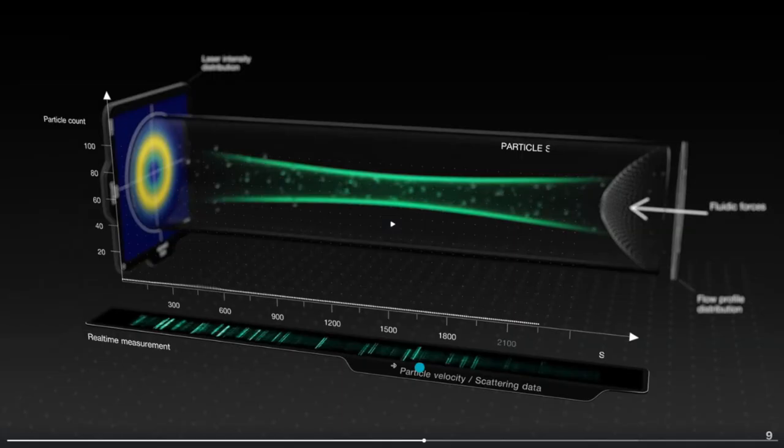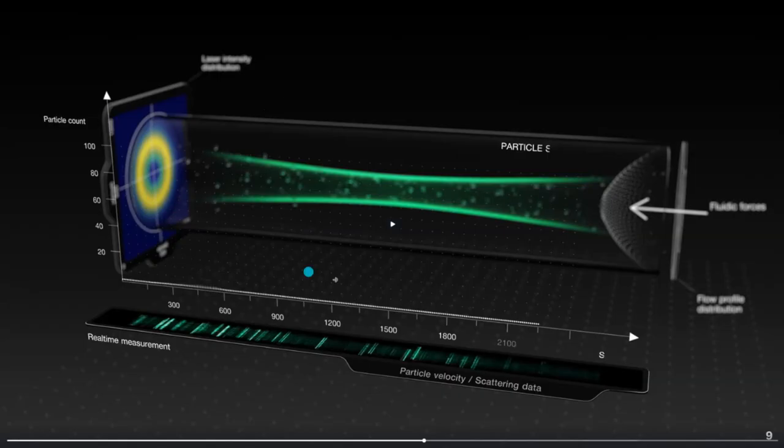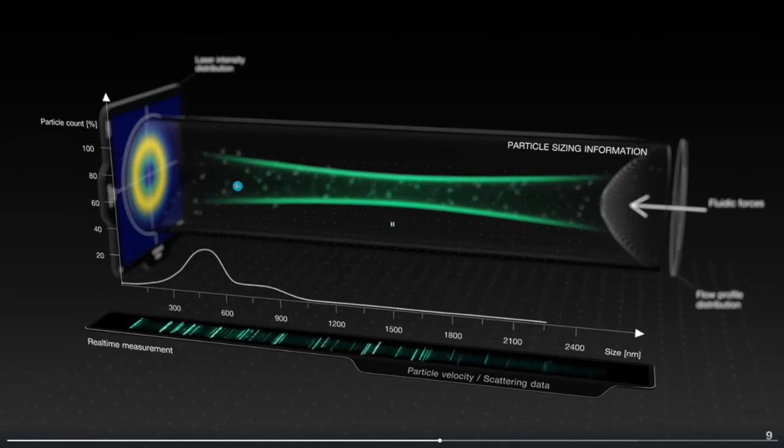And this scattering data tells us about the properties of the particle, and the velocity tells us another property, size and size distribution. And by gathering all this information, we can do this over time. So it's really a flow-through principle, creating this information, and this laser tube now really changes the speed of the particles because it induces forces.